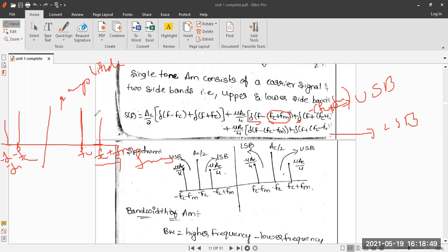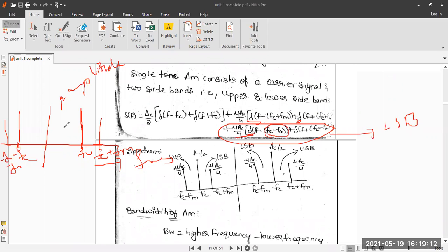Okay, so this is the upper sideband signal. Next, the third signal, the lower sideband signal. If we draw the Fourier transform for the lower sideband signal, here we are getting an impulse function. This one is completed. Now, impulse function where? Fc minus Fm.